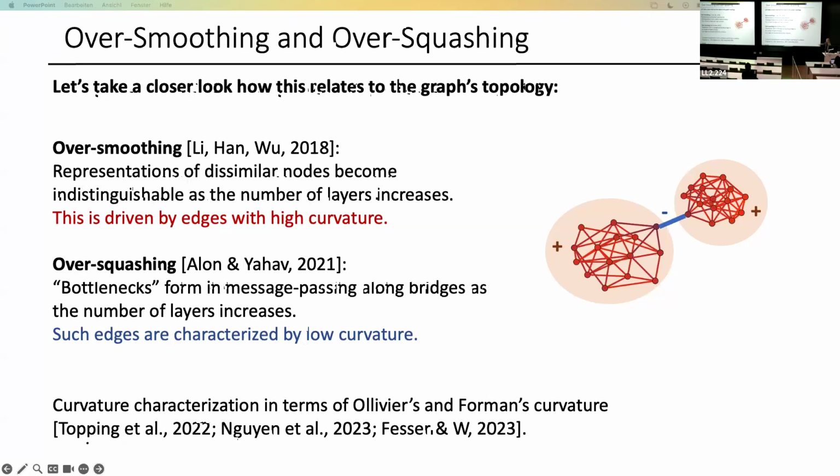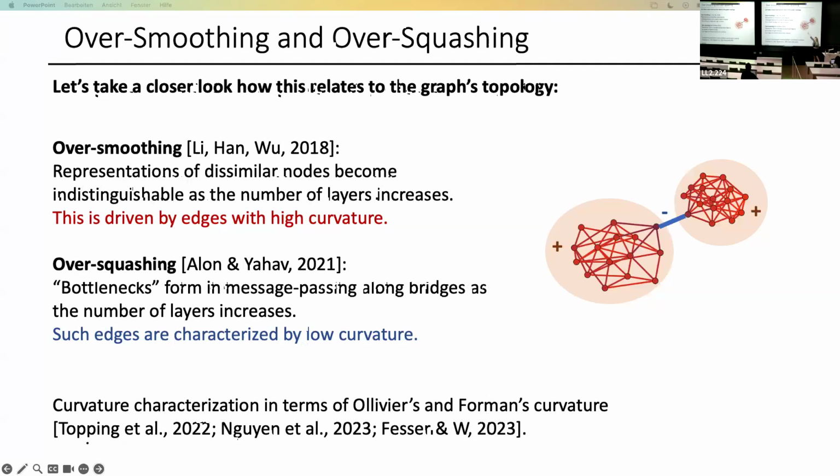So those two effects have been well studied from purely this perspective that I just explained. But we can also use curvature and geometric characterizations of the structure of the graph to analyze those two effects or to say something about where those effects might occur. So in particular, if you think about, let's say, we only do this for Ollivier curvature, it's easy to see, right?